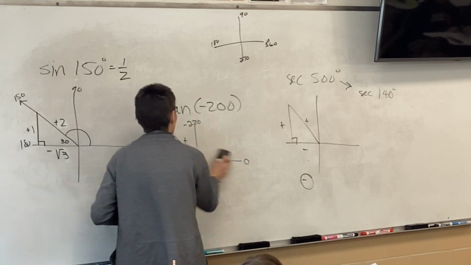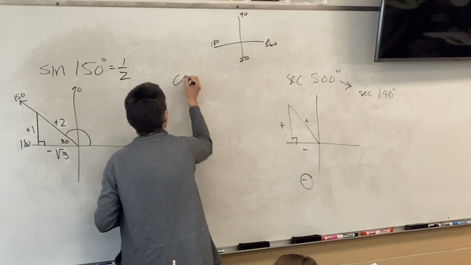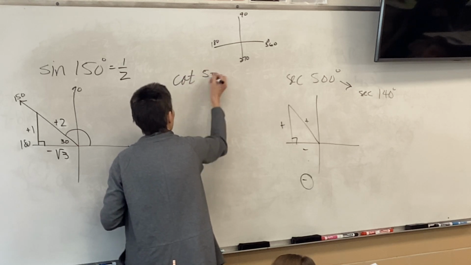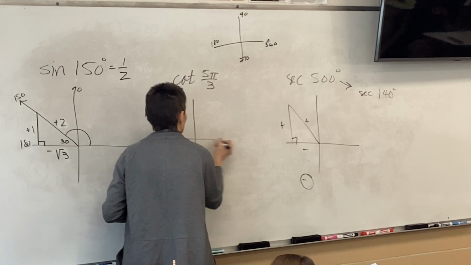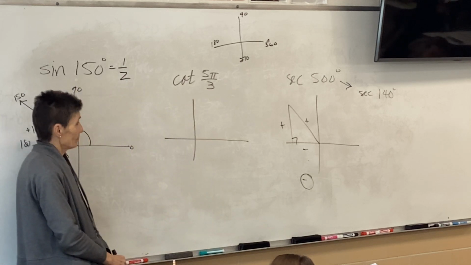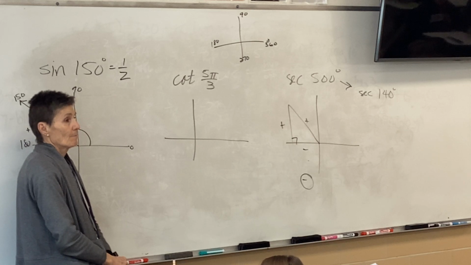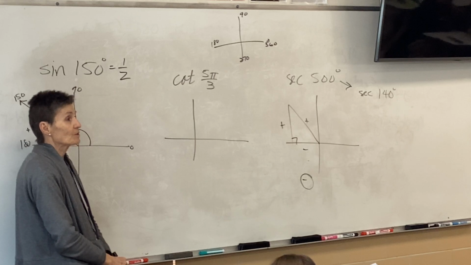Cotangent 5 pi over 3. How many degrees is that? It's 300.